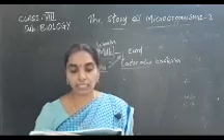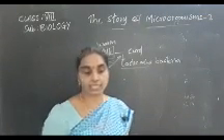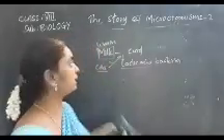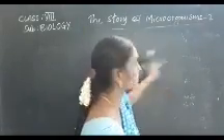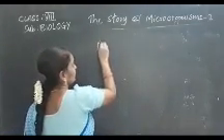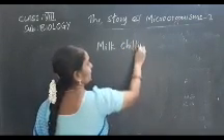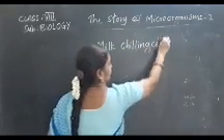Next, visit any milk bakery or milk chilling center and write about the techniques that they use. Children, in today's question, I am going to share the different techniques used in the milk chilling centers.